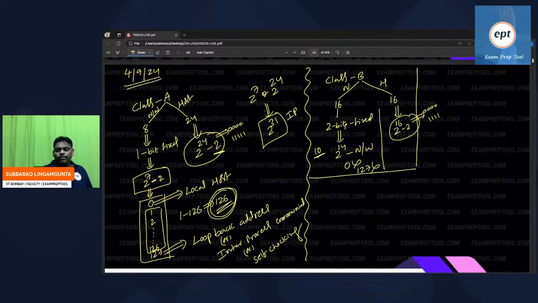Fine? Is it okay? Whether I shout or not doesn't matter; if you have a doubt, please ask. In the class B network, the first network is 128. There is no 0 and no 127.